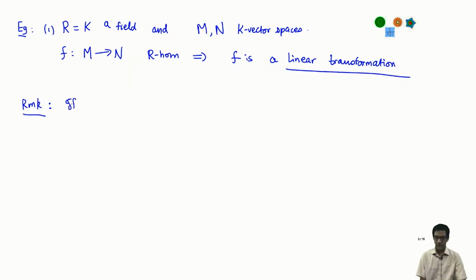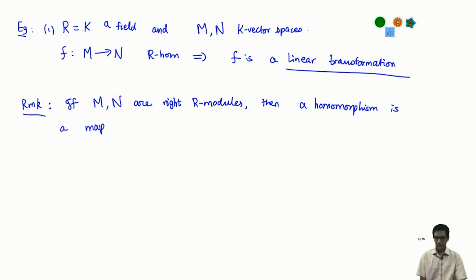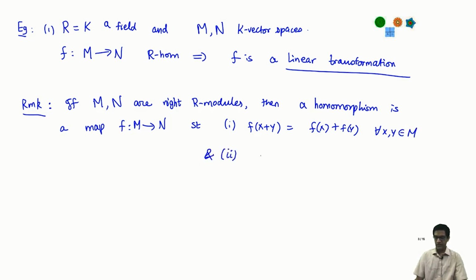So remark: if M and N are right R modules, then a homomorphism is a map such that it preserves addition as before, and it preserves the right scalar multiplication.